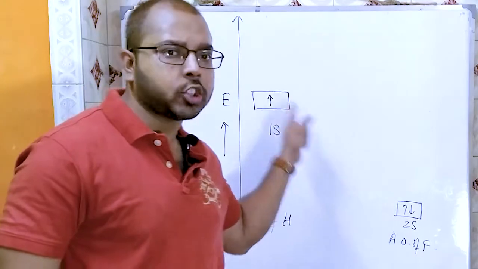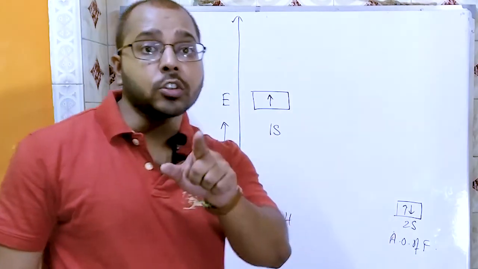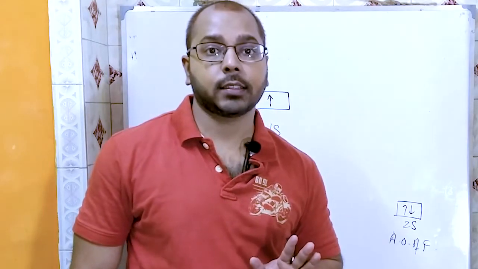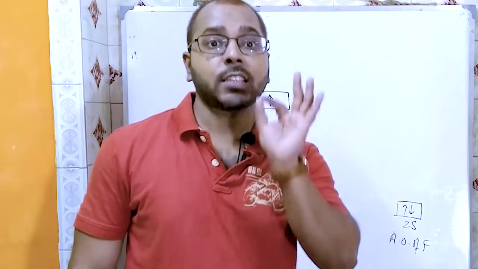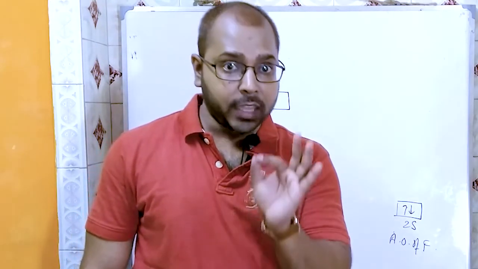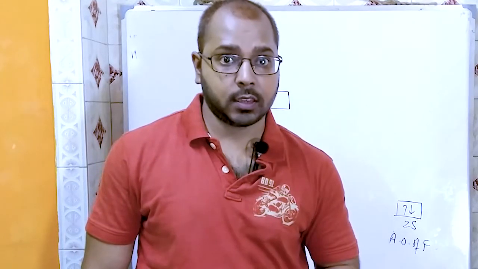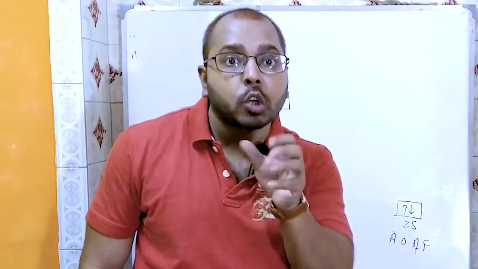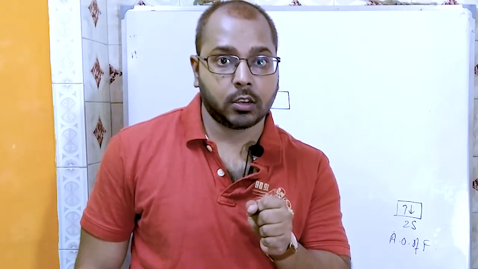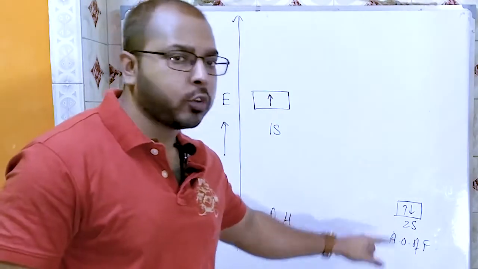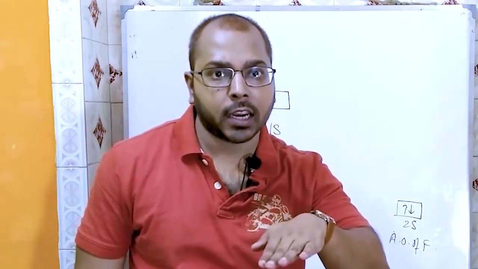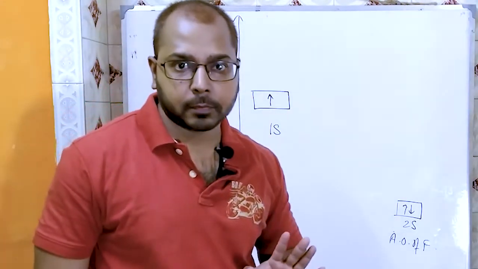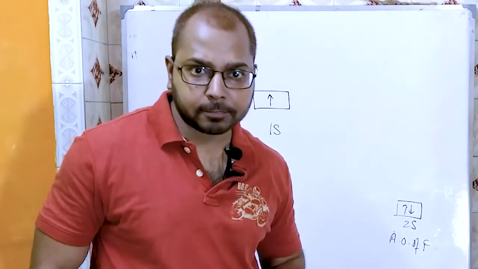Why does this mismatch occur? Because fluorine is a more electronegative element. And remember, as the electronegativity of the element increases, the orbital will be closer to the nucleus. So the 2s of fluorine is much lower in energy as compared to the 1s of hydrogen. Am I clear?